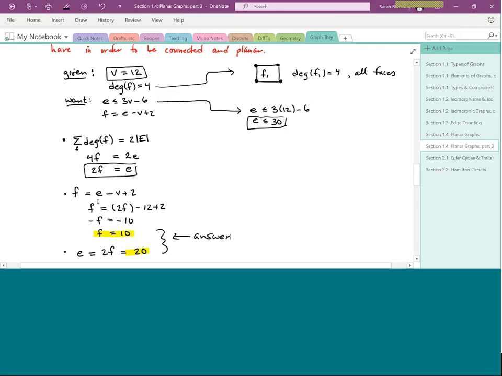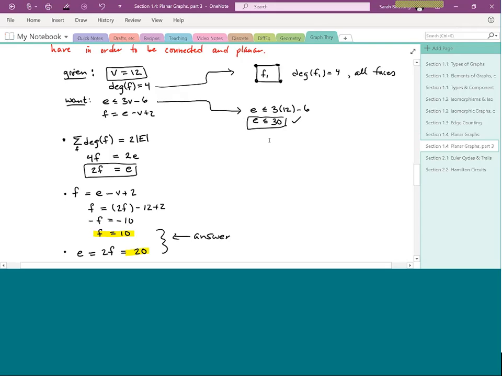So with our answer, did we actually meet that inequality? You got it. 20 is definitely less than 30. So that means that last check to make sure that this really did work just fine. In other words, confirm that we had both the connected and the planar graph. There was nothing that automatically flagged that there's anything wrong there.